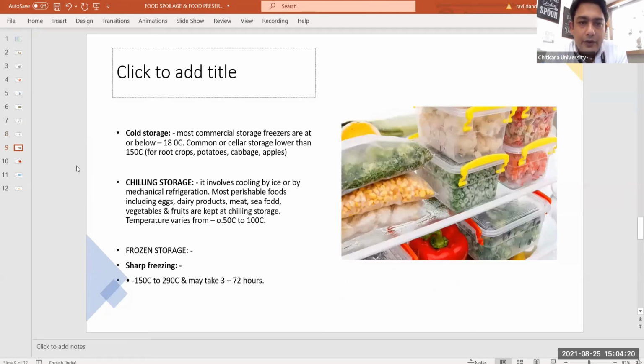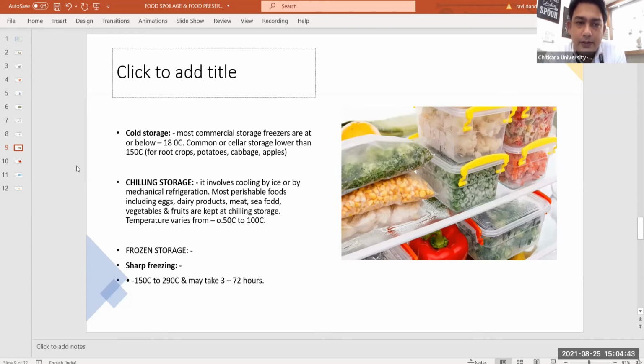And then we know that there are various kinds of cold storages. So when farmers produce their farm produce, that could be wheat, barley, rice, onion, tomato, whatever, you see that nowadays all the vegetables are available throughout the year. Okay, and how is that possible? Because of cold storage.